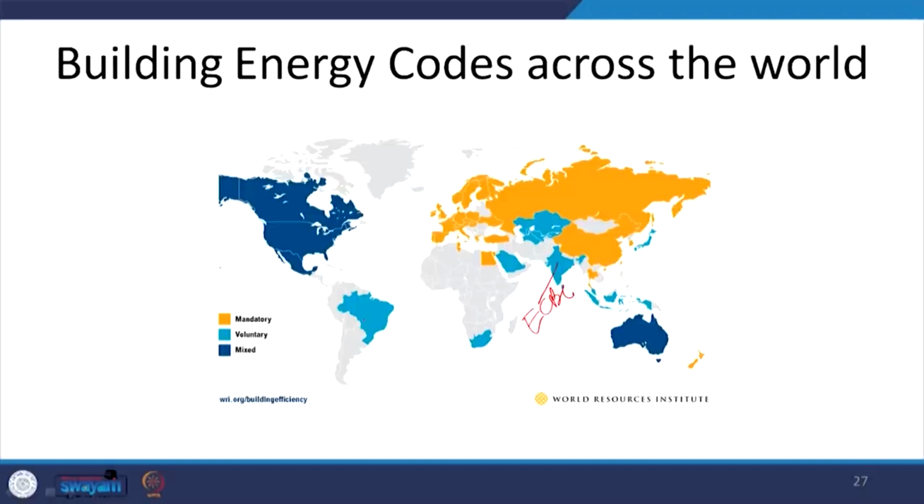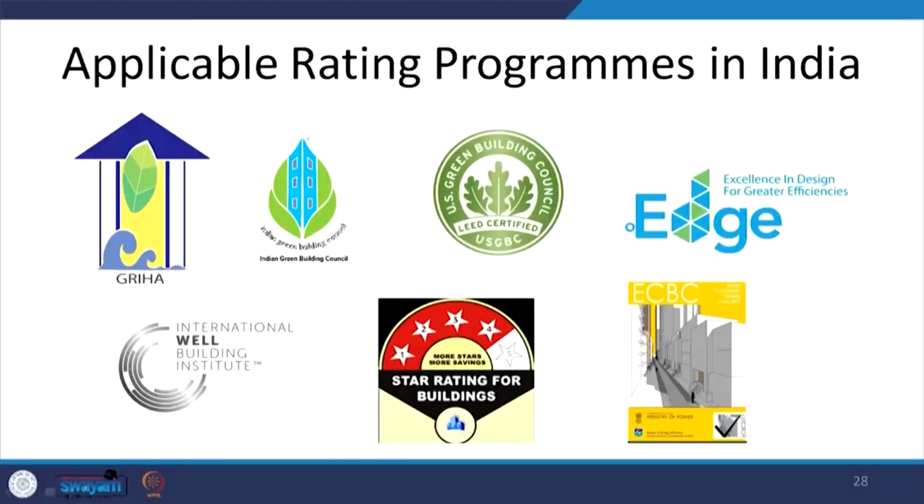For the rest of the world also there are different energy codes being developed. Some are mandated, some are in voluntary stage, for example in our own country, some are in mixed stages of implementation, partly mandatory, partly voluntary. In our case, for example, GRIHA is mandated for public buildings, but that is the green building rating program, and for energy codes also this is the same scenario.